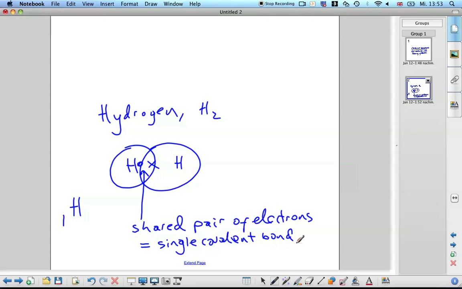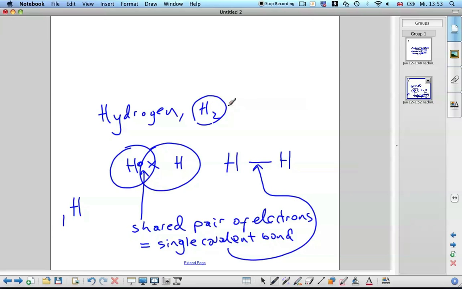Notice that round about both shells there are 2 electrons. We show the single covalent bond as a stick like so, and that the molecular formula is H2.